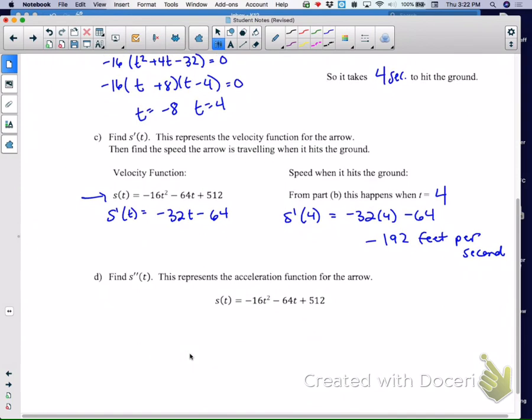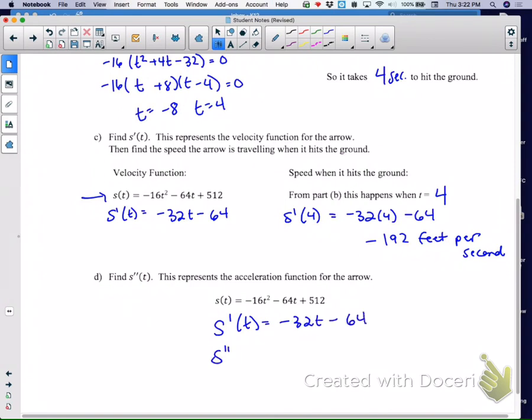All right, last part here, find s double prime. Now, s double prime represents the acceleration. So the first derivative is the velocity. The second derivative is the acceleration, which means how quickly it's changing speed. For the most part, acceleration is kind of tricky to explain. So, of course, I know that my first derivative was negative 32t minus 64.